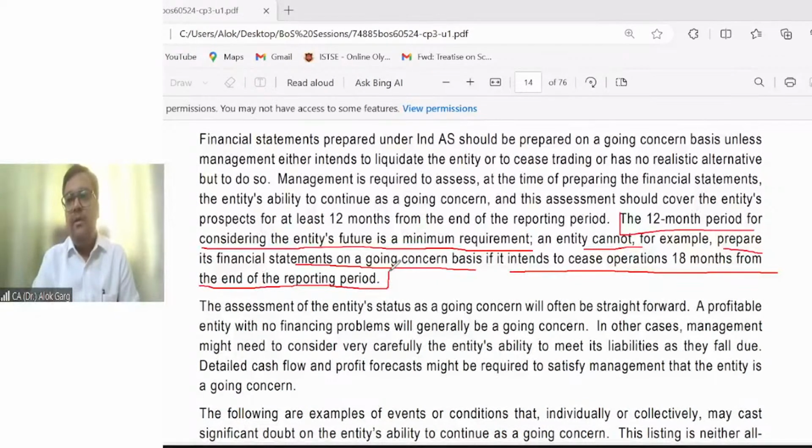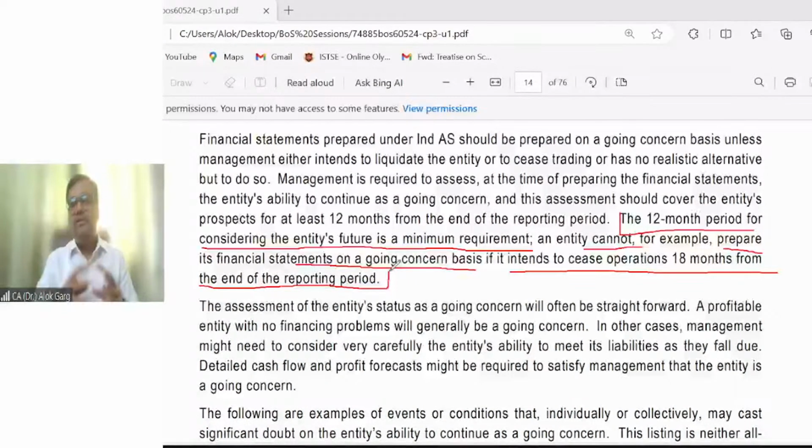Now, when you are preparing the financial statements on 31st March 2023, you have decided that you will shut down your business on 1st October 2024, right? That is after 18 months. Sitting today, you have decided that.